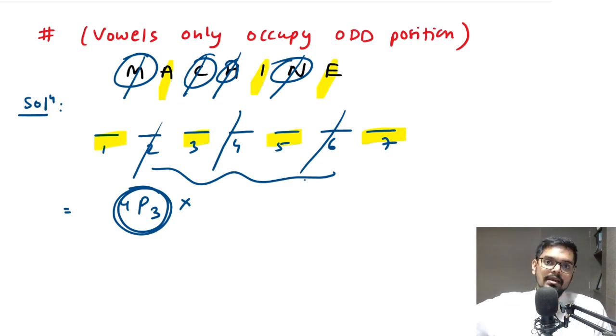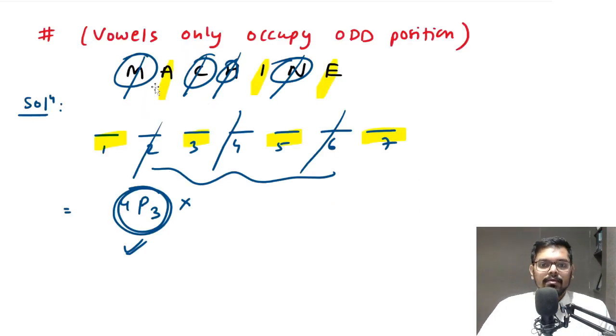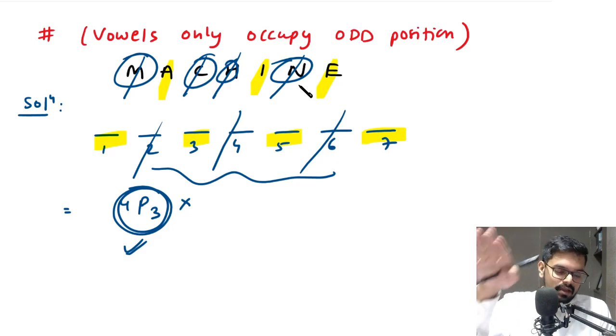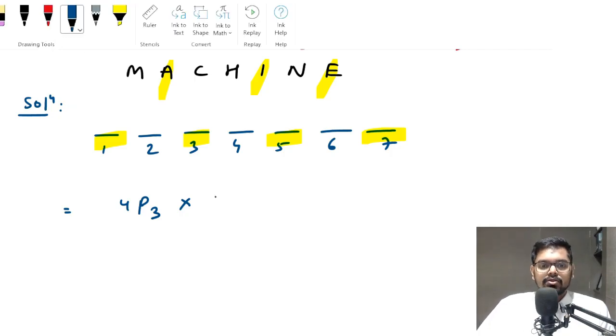That 4th blank is from where? From here, you can see vacant, vacant, vacant. That vacant position will be taken by the consonant, right? So M, C, H, N have 4 blanks only. So 4 blanks, 4 letters, they can be arranged among themselves in how many ways? 4 factorial ways. Understood?